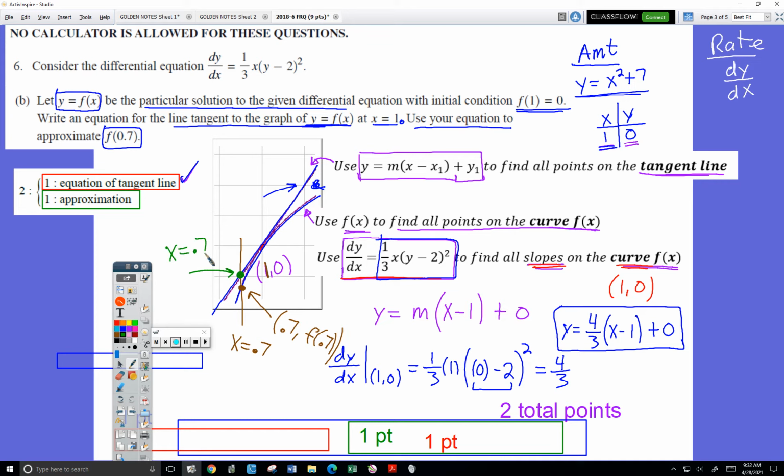But as we stated earlier, we're going to use this equation to find a point on the tangent line. We're going to find this point. So what we write is f of x equal 0.7 is going to equal that slope of 4/3.